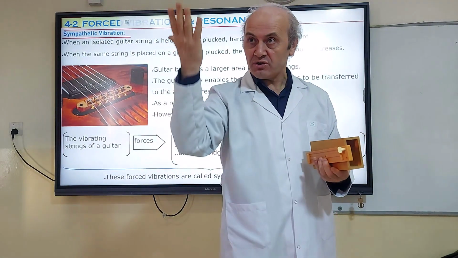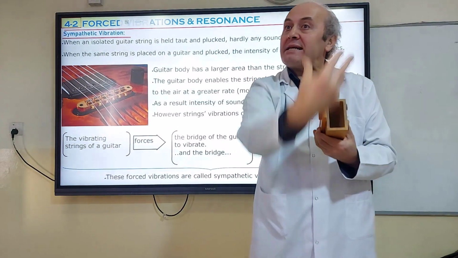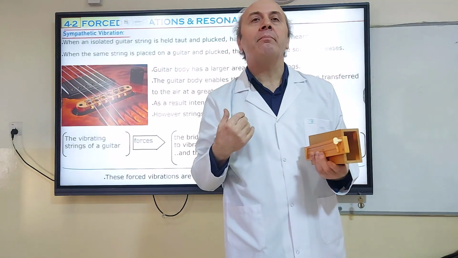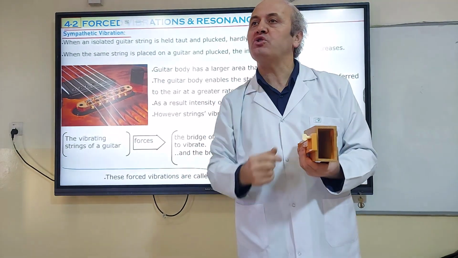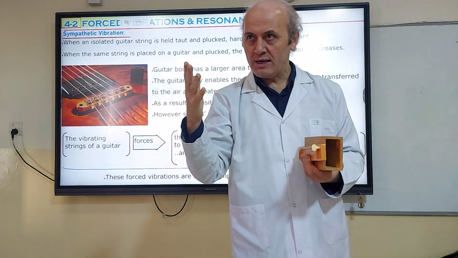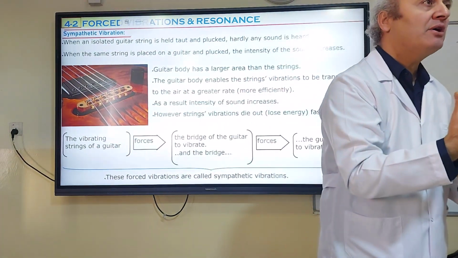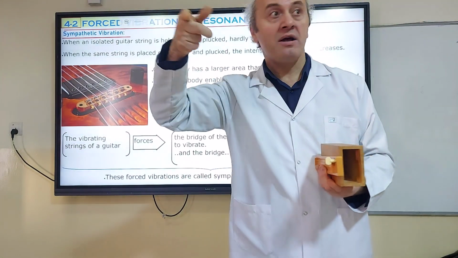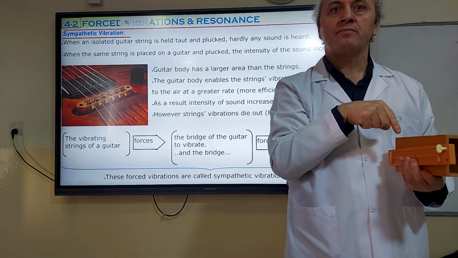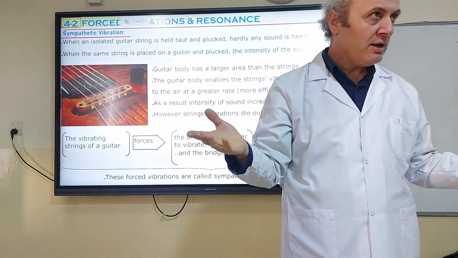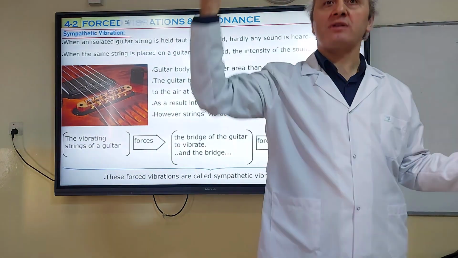Power must increase. By making the area larger, I am making the energy transfer from the instrument to the air faster. The rate of energy transfer is called what? Power. The power of the instrument increases. If power increases, intensity proportionally increases, and then you are going to hear a louder sound.